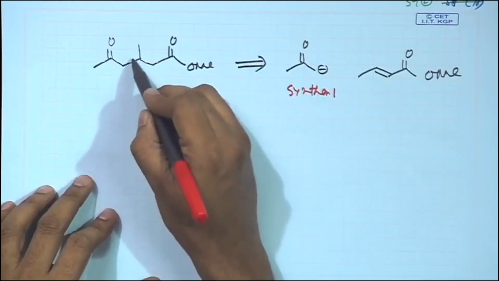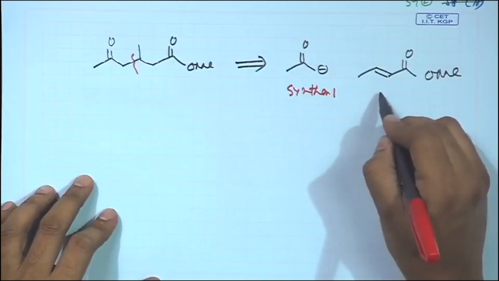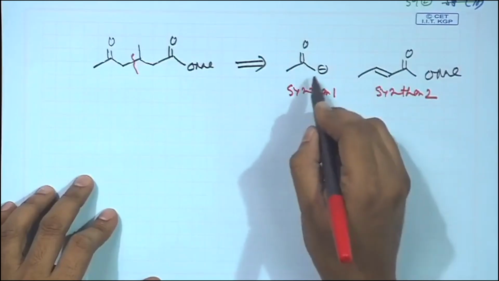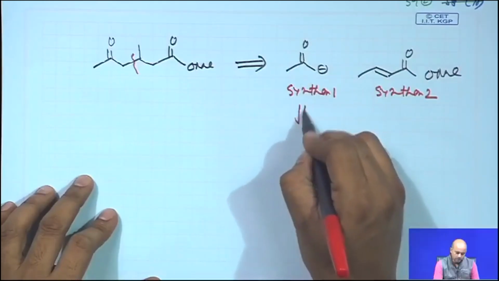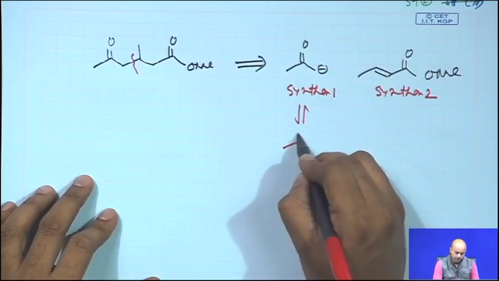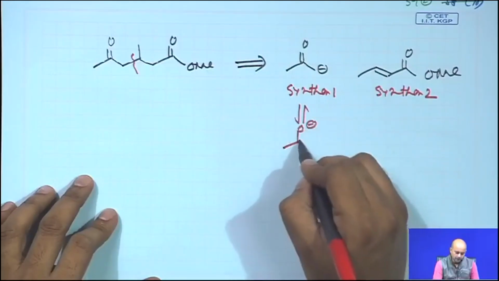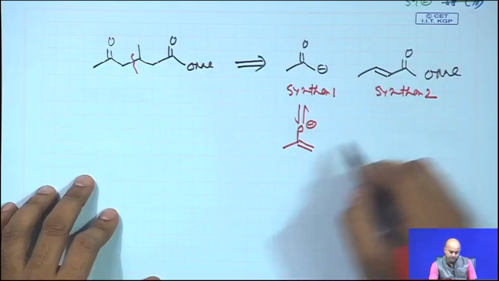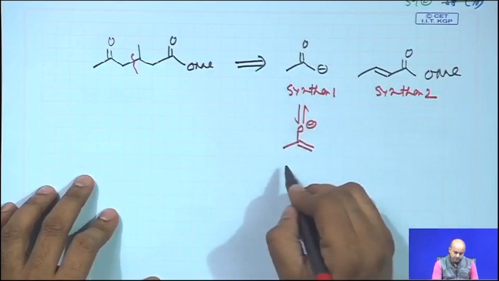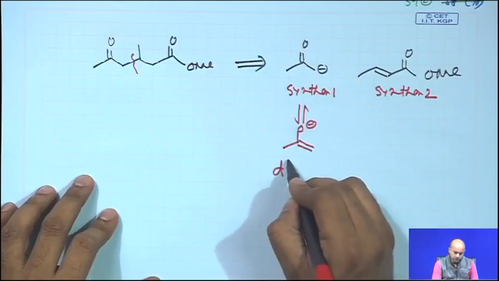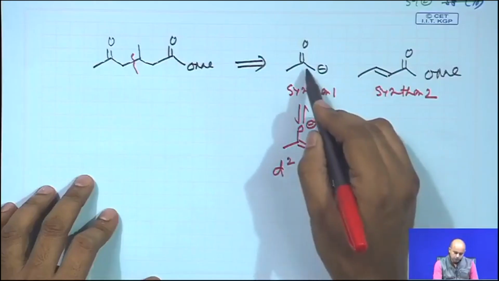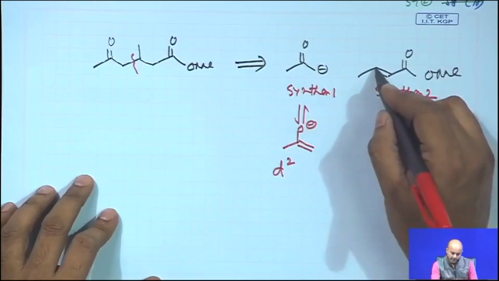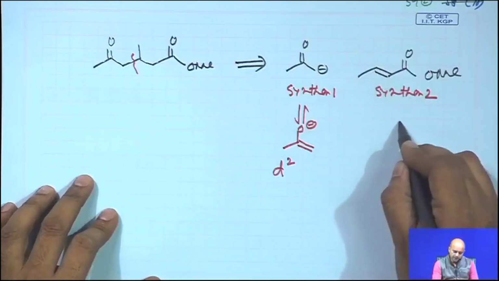We do a disconnection there and this is your synthon 2. This one is very stable; it is an enolate anion, and this is your Michael acceptor. This is normally termed a D synthon, so you can call it D2, the 2 carbon, and this is your acceptor system.